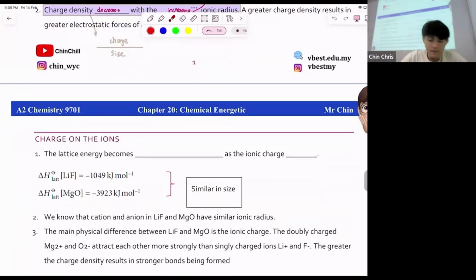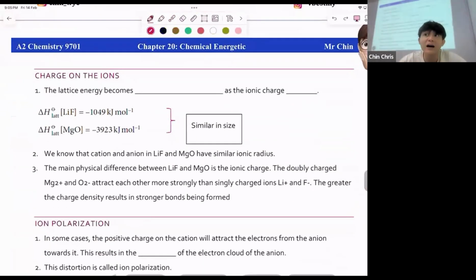So, guys, the lattice energy becomes, you guys tell me the answer, as the ionic charge decreases. You have to tell me why also. Go.